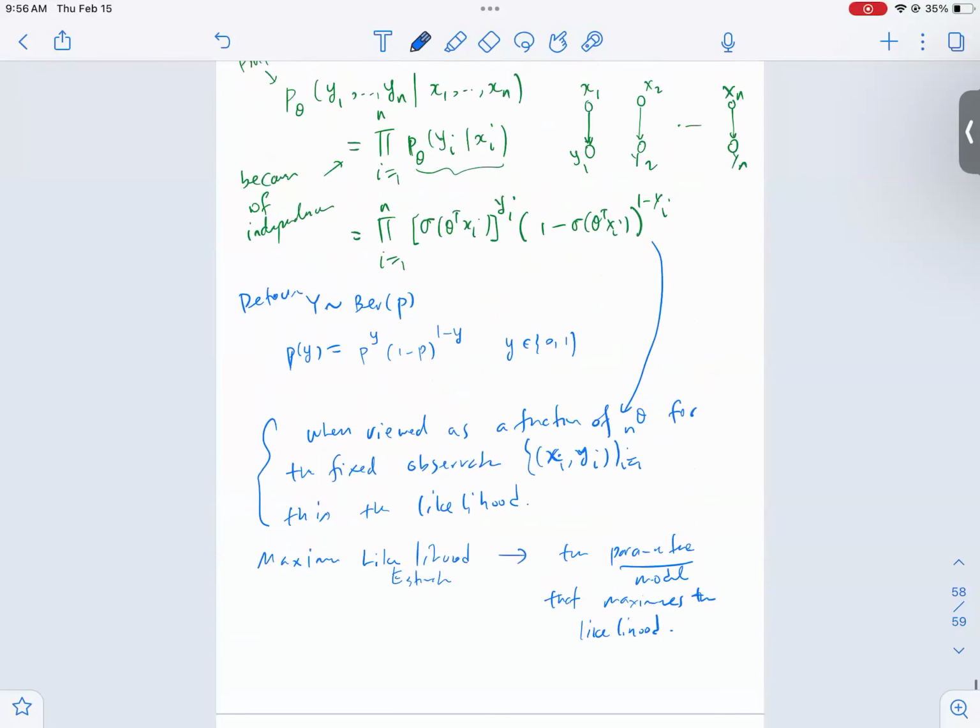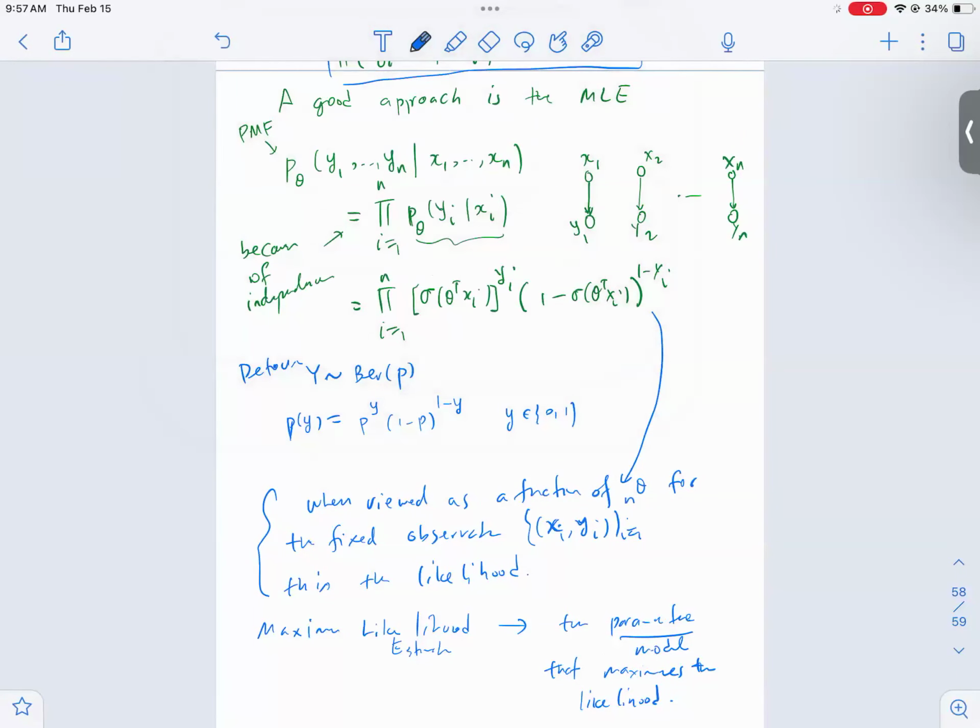I'm just looking at the function of theta, and you can see you get an optimization problem. That's where the ERM idea comes in. So in general, let me do this more generally, the maximum likelihood idea. This part is going to work out for us in general.